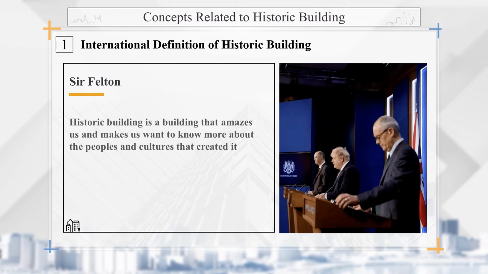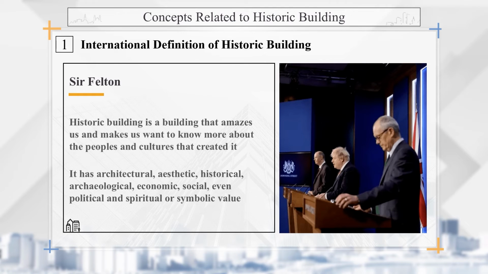A historic building is a building that amazes us and makes us want to know more about the peoples and cultures that created it. It has architectural, aesthetic, historical, archaeological, economic, social, even political, and spiritual or symbolic value.